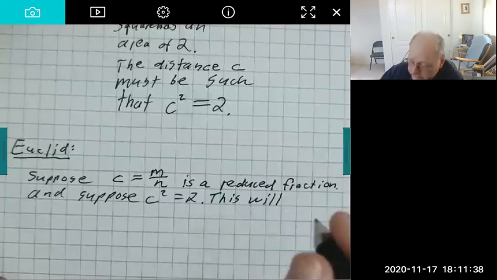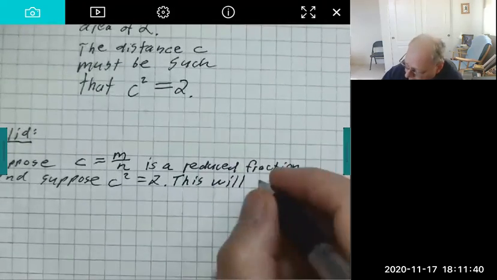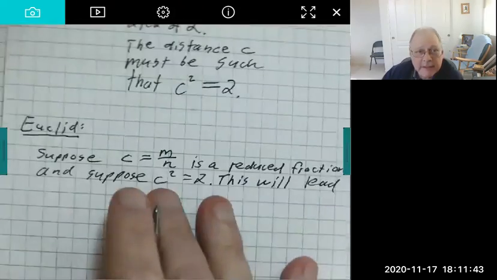He said if you have a reduced fraction, and when you square it, you get 2, this will lead to a contradiction.